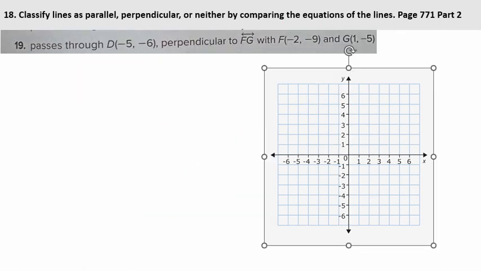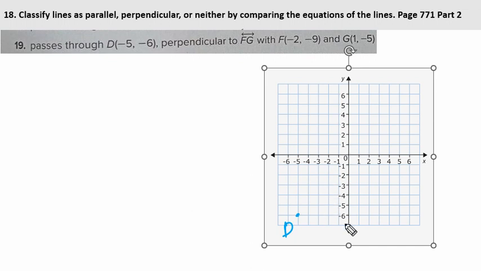Next is question number 19. This question says a line passes through D (-5, -6), where x is -5, and here is D. Now it's perpendicular, so the slope will be the opposite reciprocal of line FG, where F is (-2, -9).